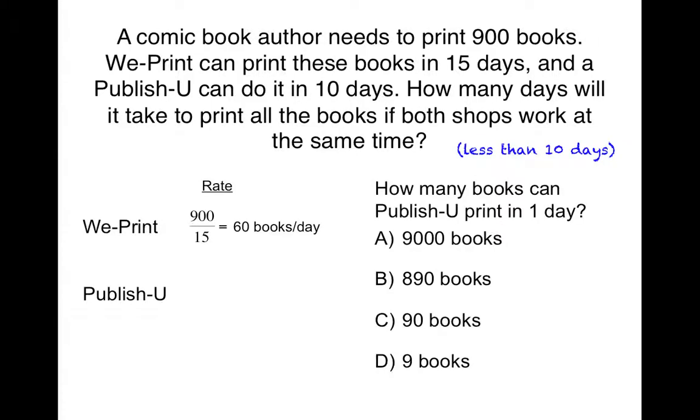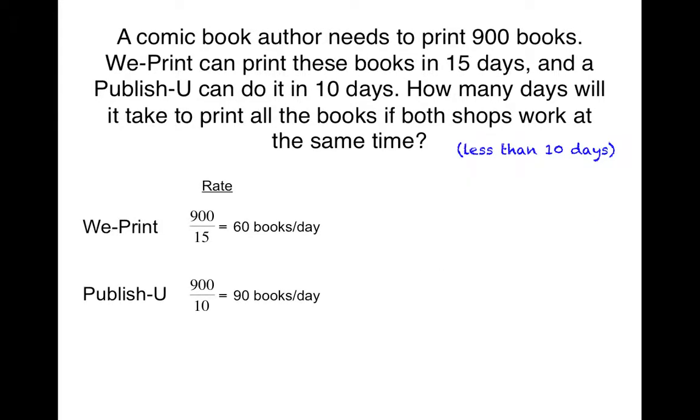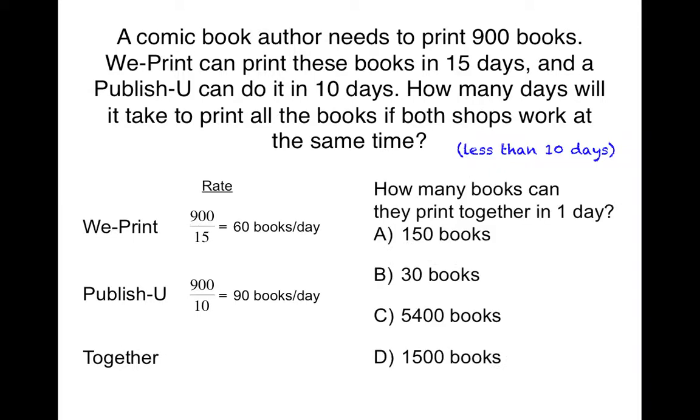How many books can Publish You make in 1 day? 90 books. 900 books over 10 days means 90 books per day. So if they are working together, how many books can they print in 1 day? They can print 150 books a day by adding 60 and 90.